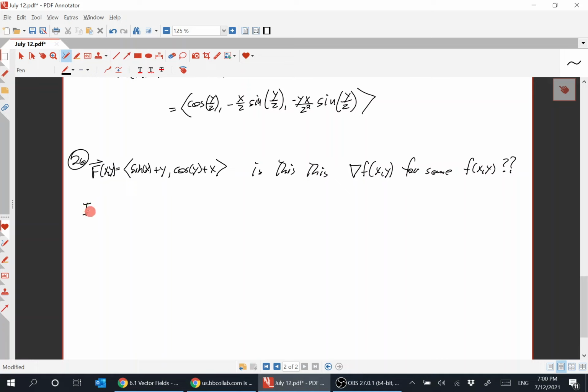So in other words, is there f(x, y) such that partial f with respect to x is sine x plus y, and partial f with respect to y is cosine y plus x?